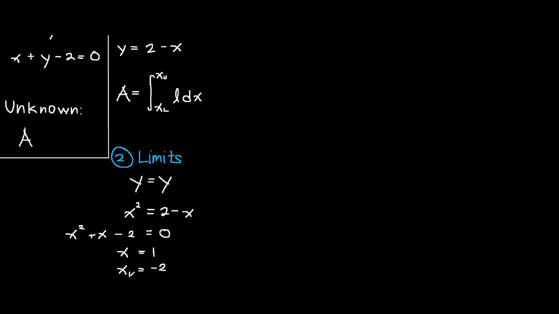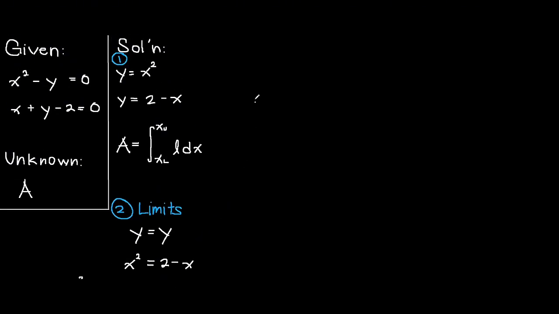So that will be our lower limit, and 1 will be our upper limit. Now you have your upper and lower limits. Perfect. Now, ano pang kulang sa formula natin? We still need to find our length. And how do you find length?